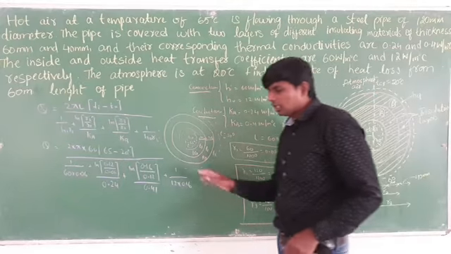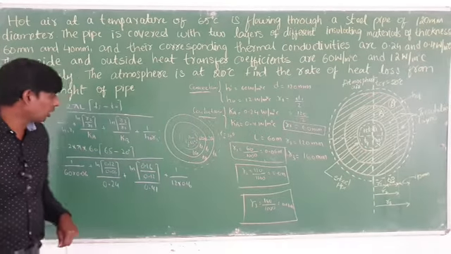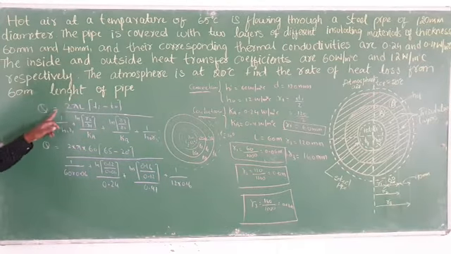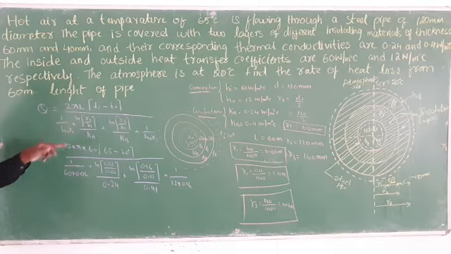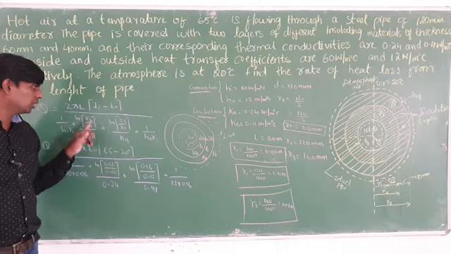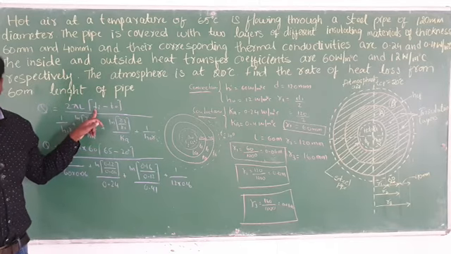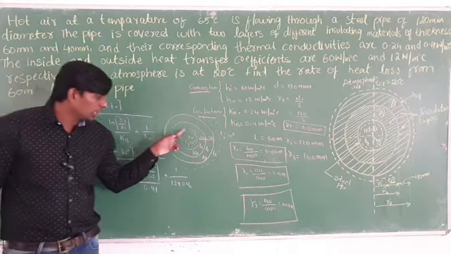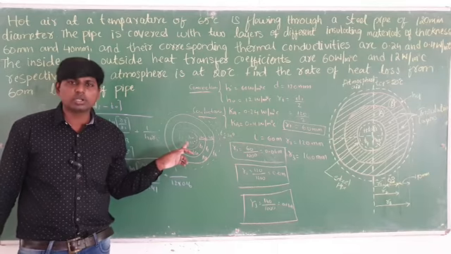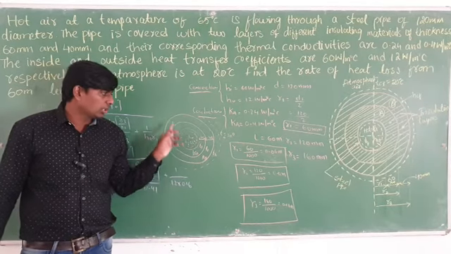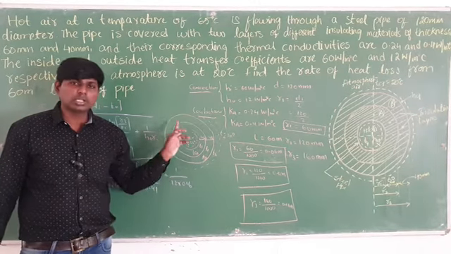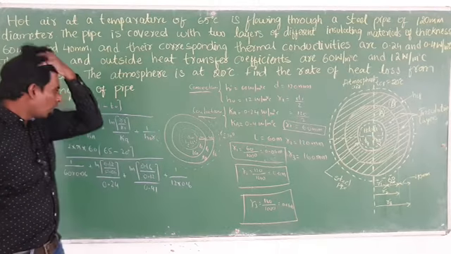After that you have to create this formula as I already told you. Q is equal to 2 pi L, constant, initial temperature minus final temperature. What is the initial temperature? Ti. What is the final temperature? To. Whatever the air temperature is inside, you take as the initial temperature, and the temperature after conduction, you take as the outside temperature.